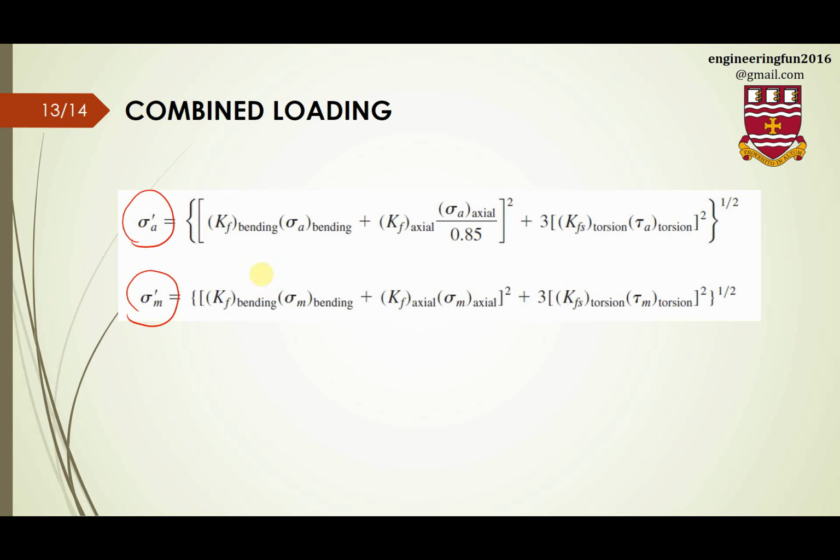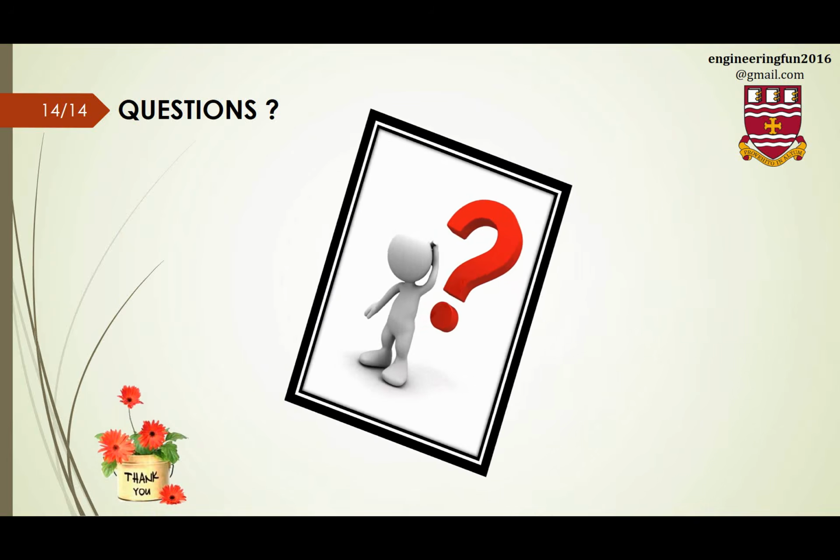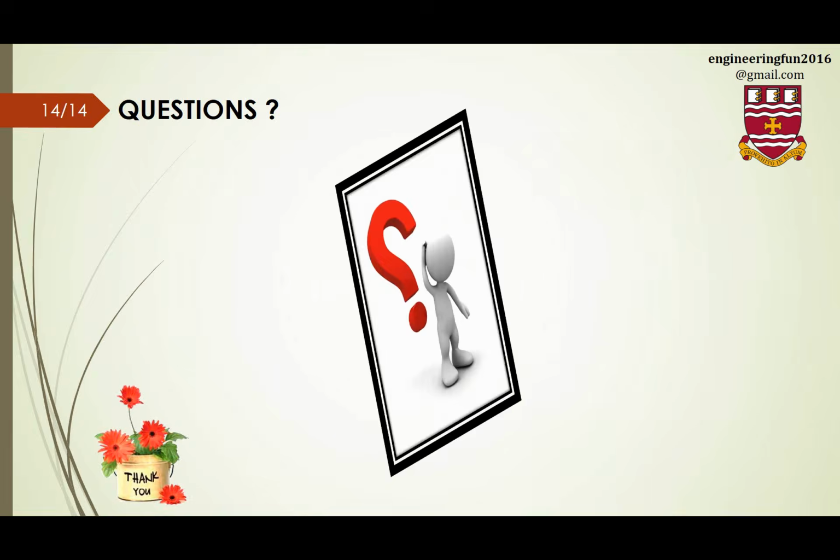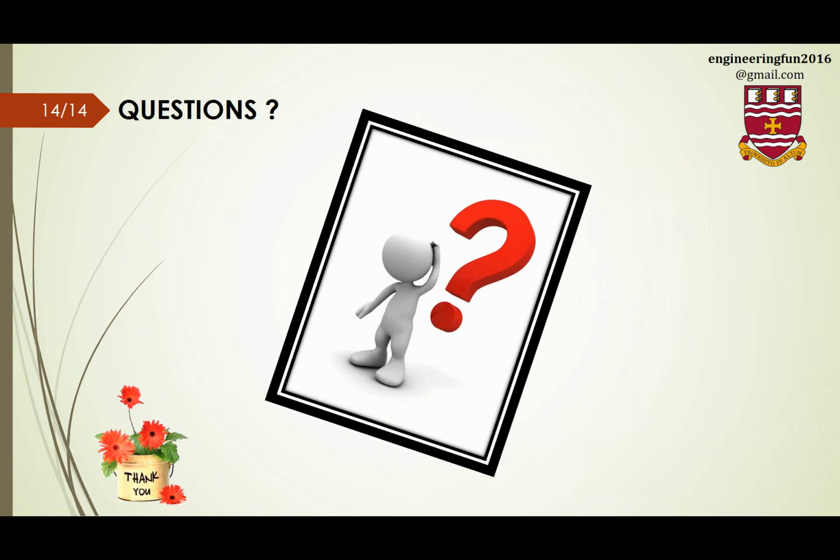In order to find that, you can use these two equations, and there are some factors, and when you multiply those factors by the type of loading that you have, you're going to find an equivalent alternating and mid-range stress, and then you can just plot your sigma A prime, sigma m prime, and do what we did for the previous step. Okay, if you have any questions, feel free to comment below.